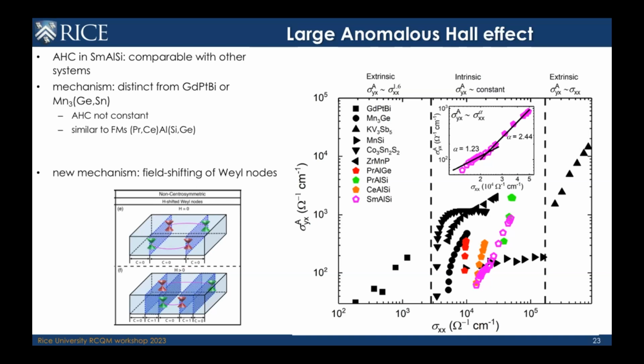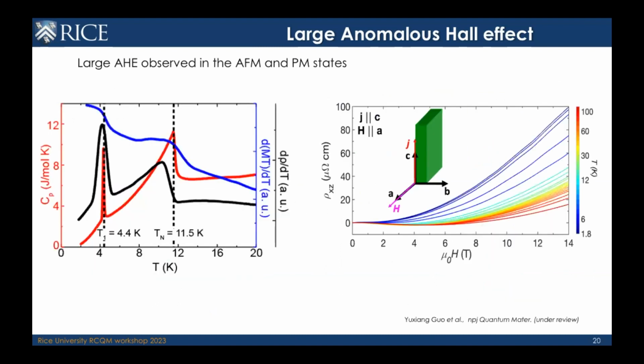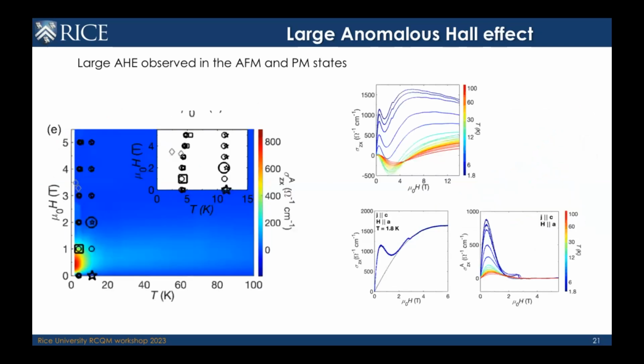Okay, but I misunderstood because in one figure you subtract. Maybe we went too quickly through the high field part, but we do see it in both. It's large. This goes from 1.8 all the way to 100, and the magnetic order is somewhere here, and it's still large. Okay, got it.